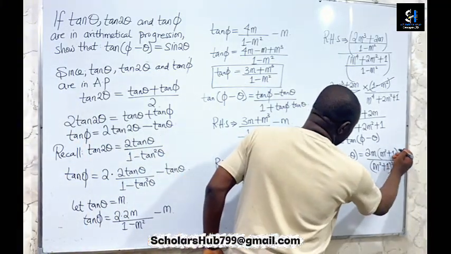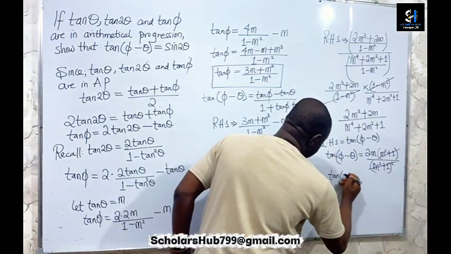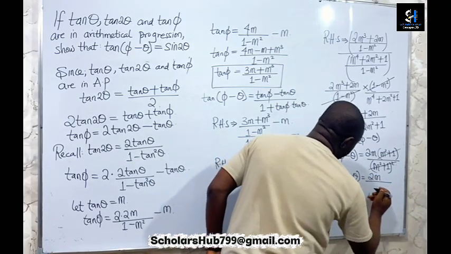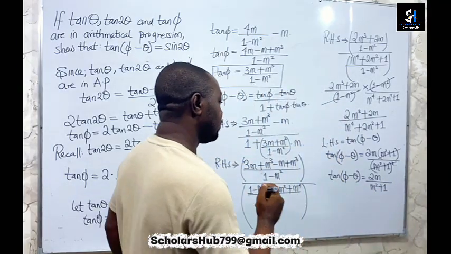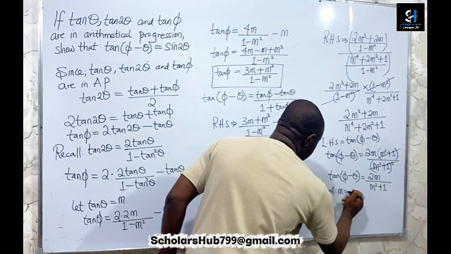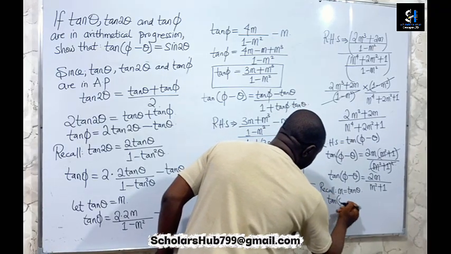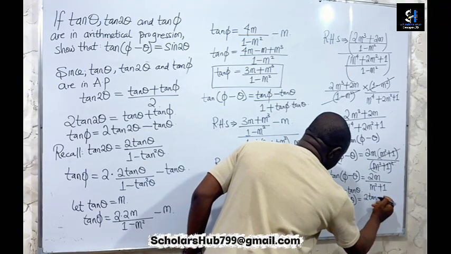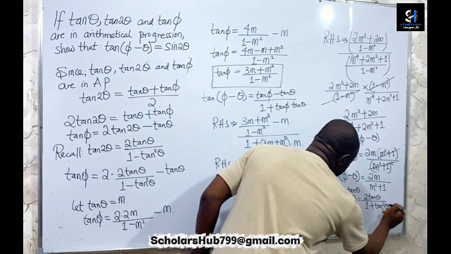So in this case, when one of these is cancelled out, we then have tan of the difference between phi and theta equal to 2m over m squared plus 1. Now let's recall, we know that m is equal to tan theta. So it means that tan of phi minus theta will be equal to 2 tan theta over 1 plus tan squared theta.